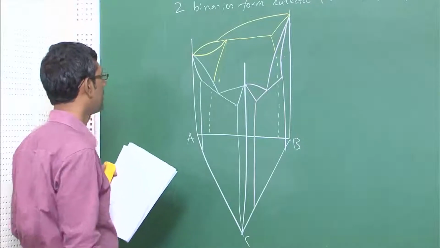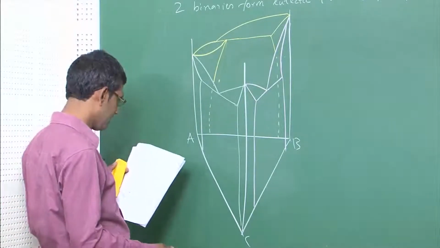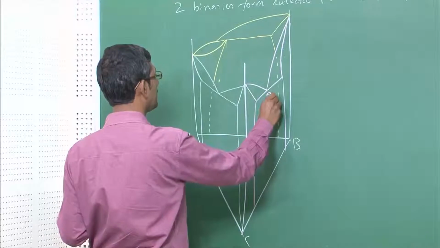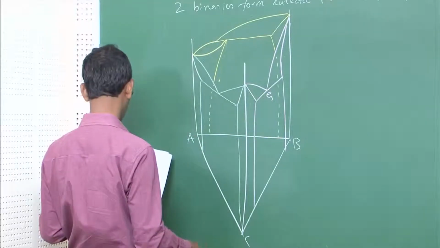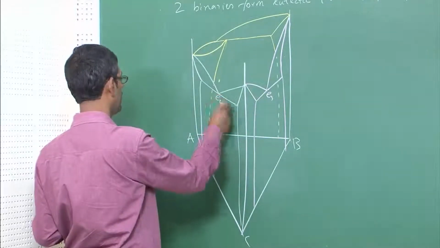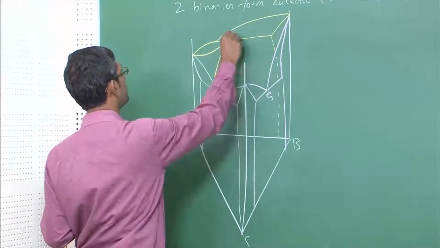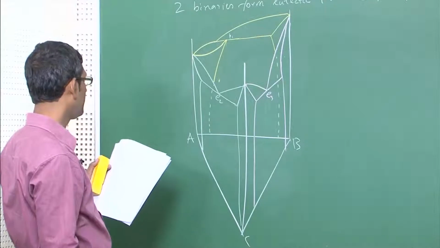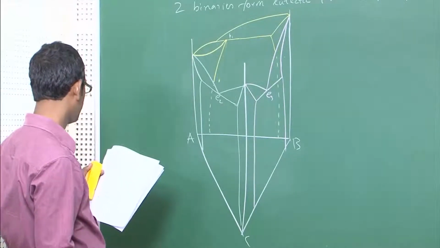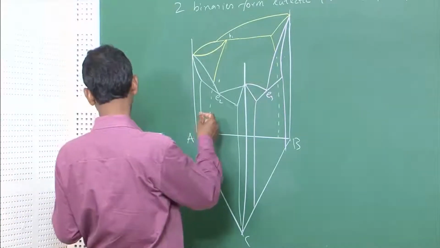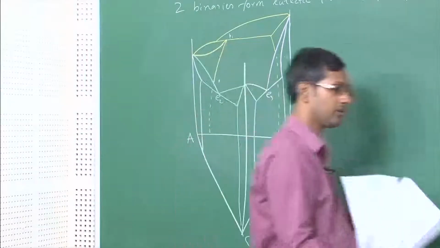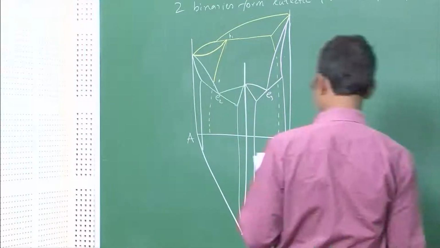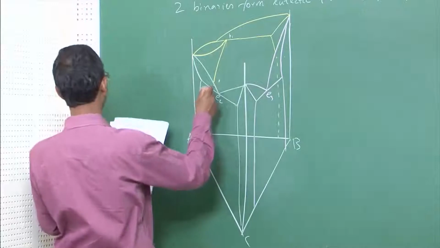So, you see here there are 2 eutectic reactions, E3 and E2, and there is a peritectic reaction, U1, here. And if I try to connect them using these colored chalks, this will form a primary eutectic alloy.